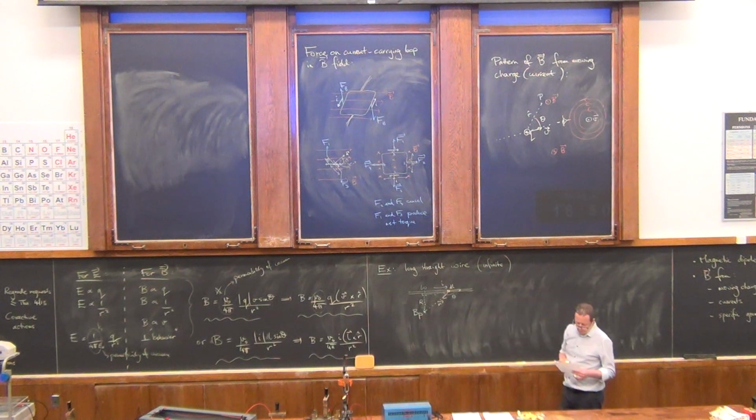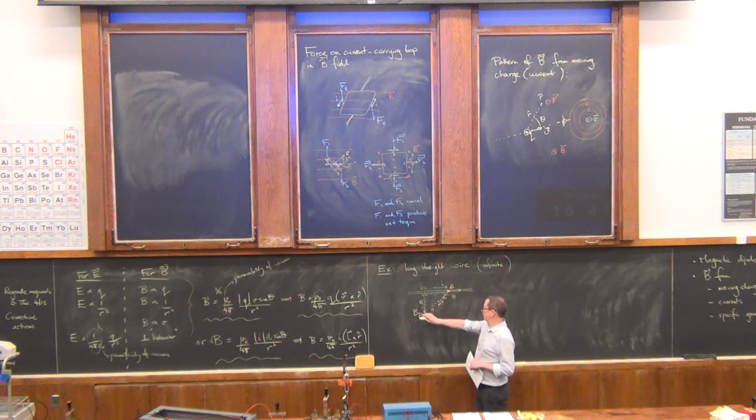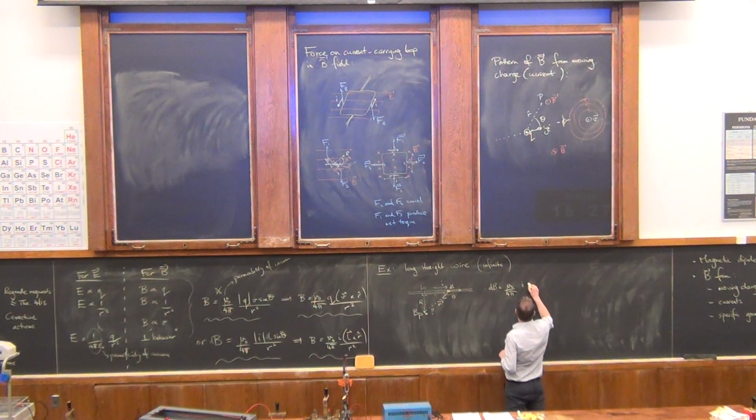First off, what's the contribution to the magnetic field at this point from this current carrying element? We're going to do the magnitude, and then we'll briefly talk about the direction. So dB equals mu naught over 4 pi, times I dl sine theta over r squared. I simply take that directly from here.